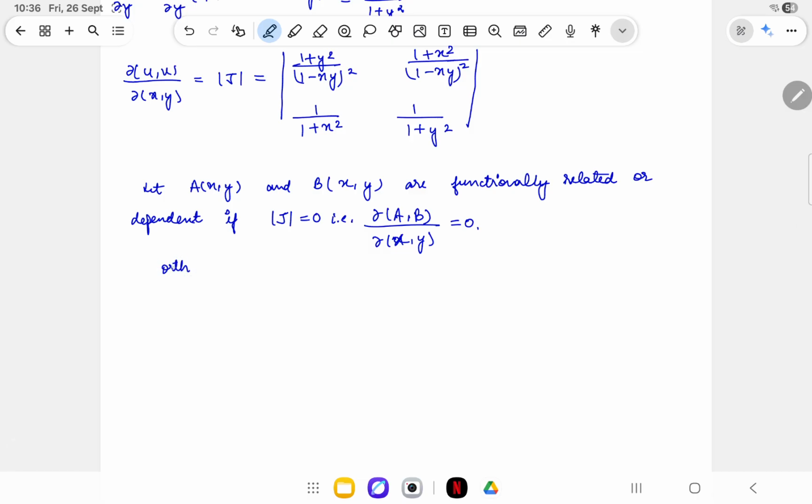Otherwise they are not functionally dependent, or otherwise we say they are functionally independent.